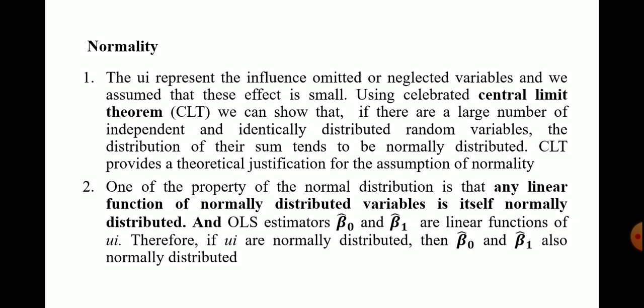Using the celebrated central limit theorem in statistics, we can show that if there are a large number of independent and identically distributed random variables, the distribution of their sums or totals tends to be normally distributed. Assume that in our consumption example, consumption depends on income. There are other factors like wealth, number of family members, living area of the family, and number of earning members.